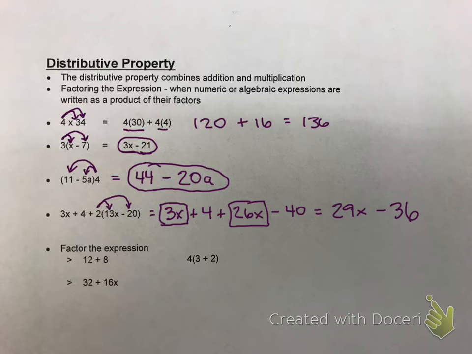Next, we have factoring the expression, in which we're going backwards. So we've talked about distributing the numbers on the outside of the parentheses. Well, now we're going to essentially work backwards from what we have. So one of the first things I want to point out is, for a problem like that, a lot of people want to just say, oh, well, the answer is 20.